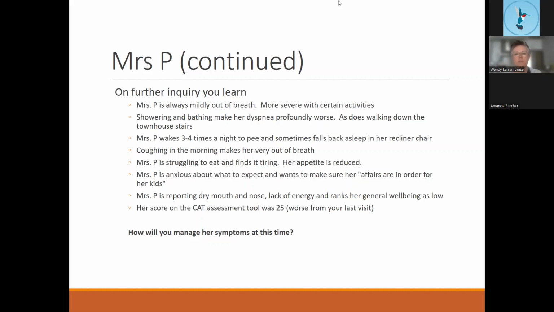Nutritional services, that's a good idea. Smoking cessation program, puffers, head of the bed elevated, absolutely. Let air in and practice breathing. Fan on the face often helps with shortness of breath.